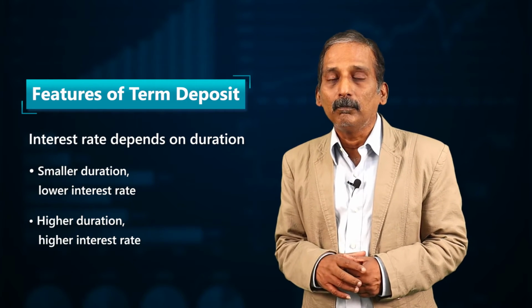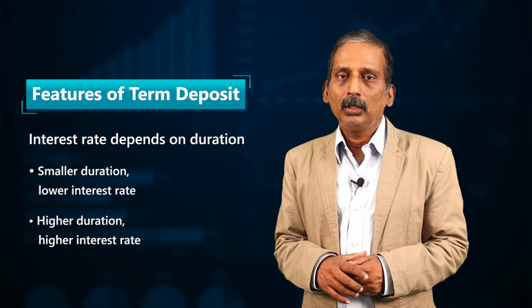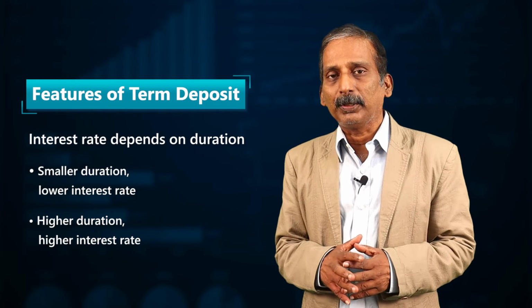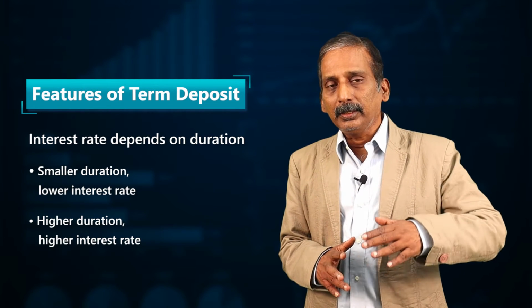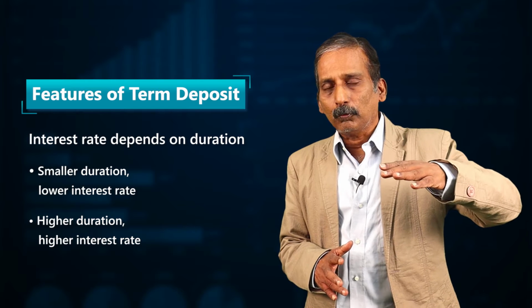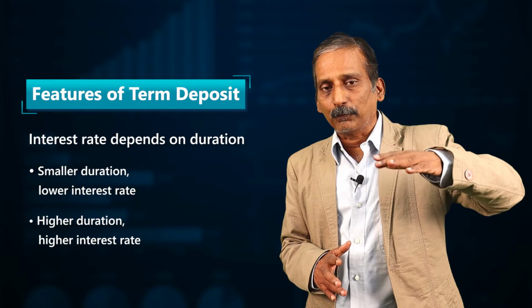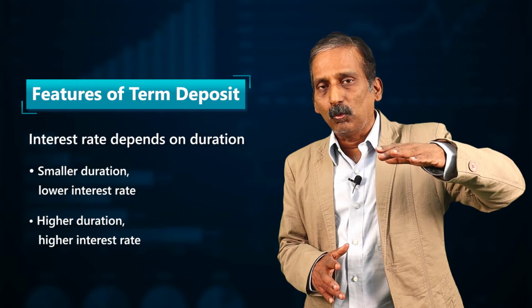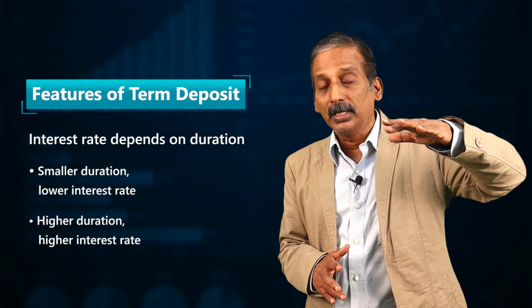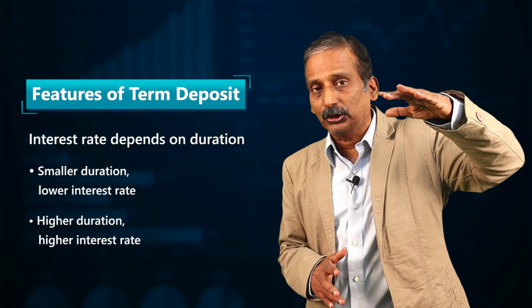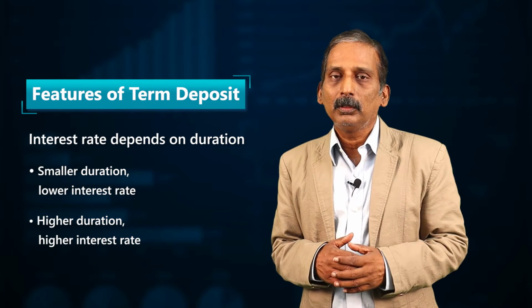Longer the period, more is the interest rate. However, in practice, what happens is that the interest rates go up from what it is for 15 days to what it is for 1 year to what it is for 2 years, maybe to what it is for 3 years, and then drops down. The logic is possibly that banks don't want to lock up deposits for an extended period of time.